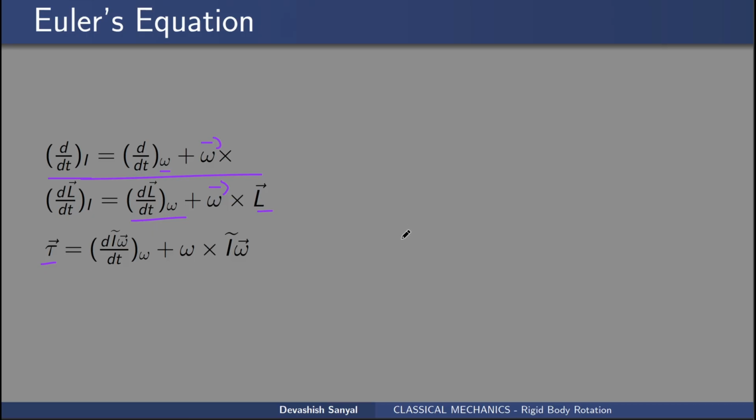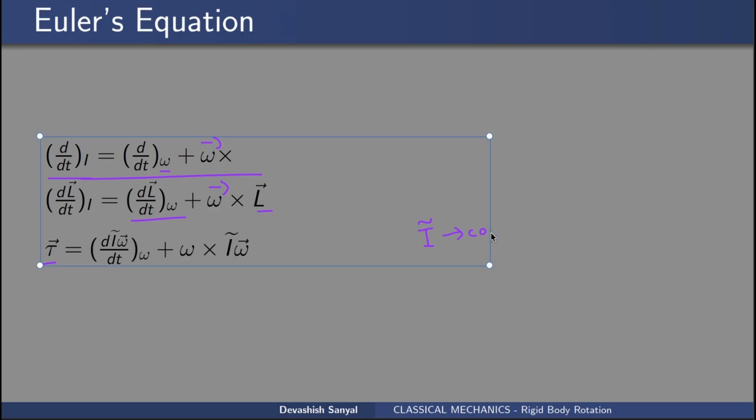Okay, so here in this rotating frame, what happens is I is constant.